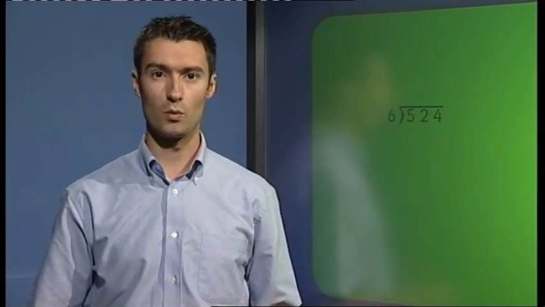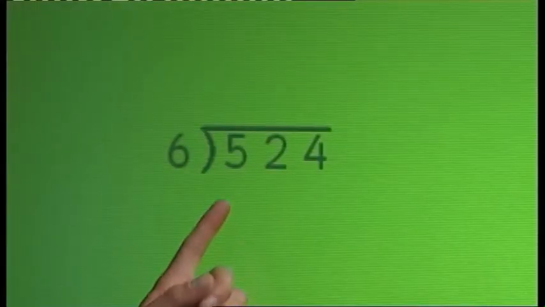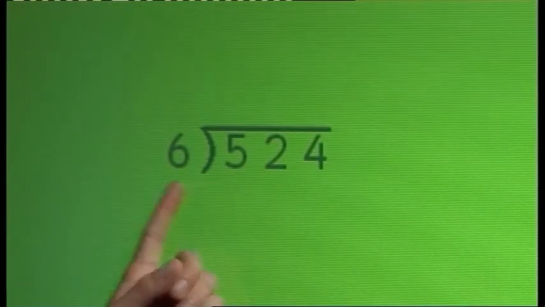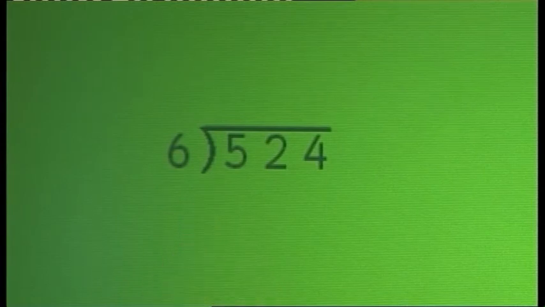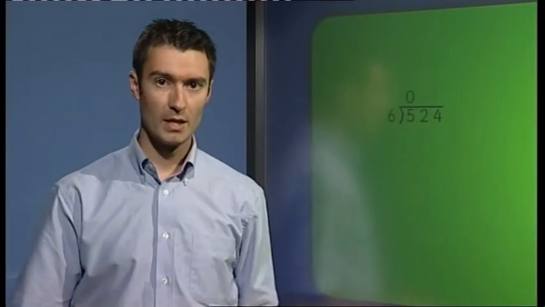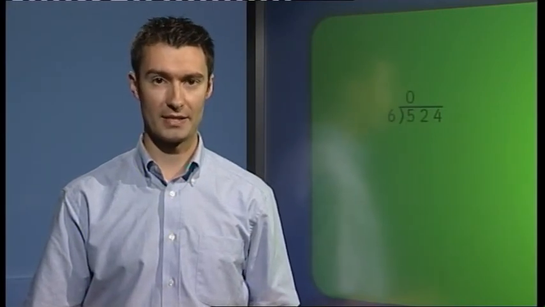Well, with this new way, working one column at a time, we ignore everything except the hundreds. So now we're asking how many 6s are there in 5. Well, there aren't any because 5 is less than 6, so the answer is 0. Now, of course, we don't usually write a 0 at the start of a whole number, so it's better to leave it out.